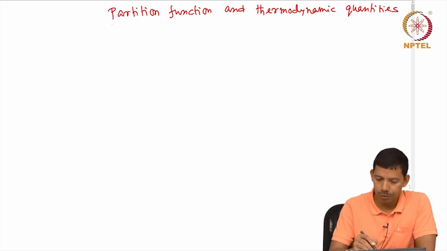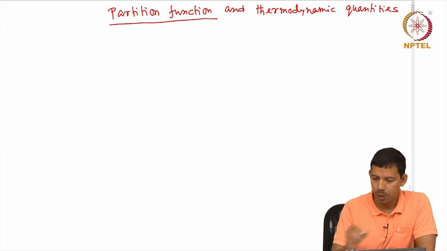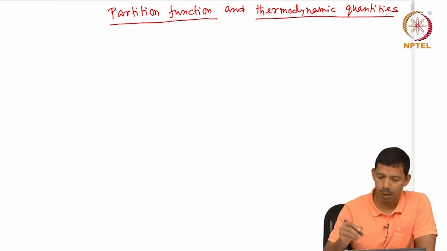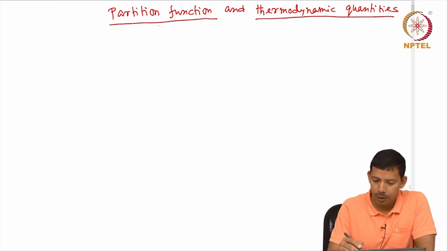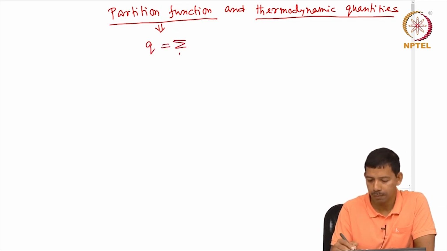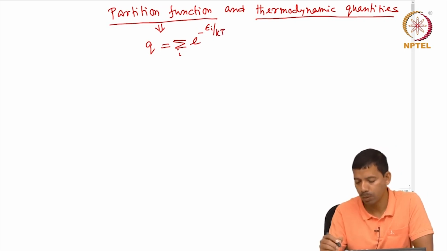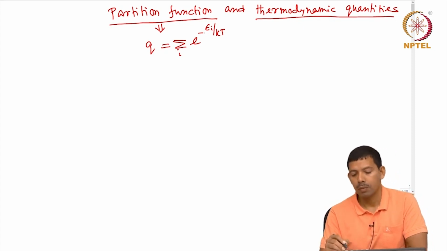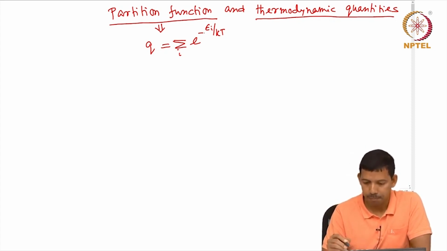So, if you see here, you have two things: one is the partition function and the other is thermodynamic quantities. If you recall, the partition function Q was the sum over i of e to the power minus epsilon i by kT, where k was the Boltzmann constant and epsilon i was the energy of the ith state.